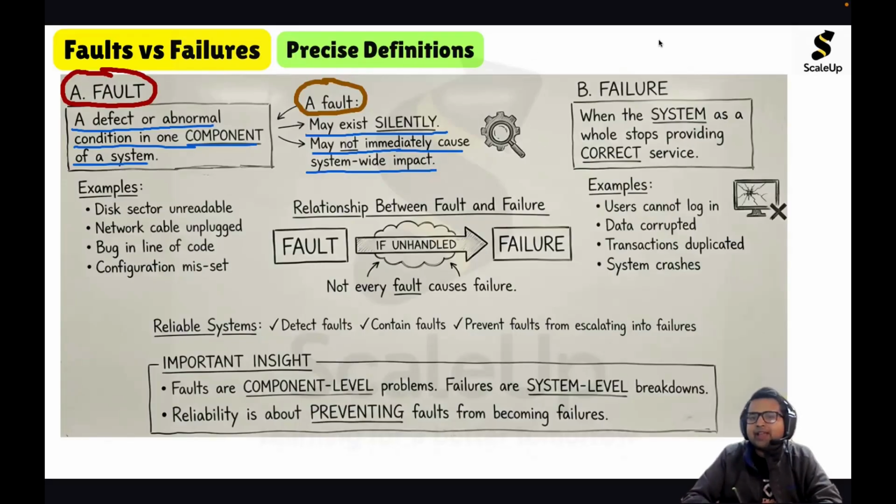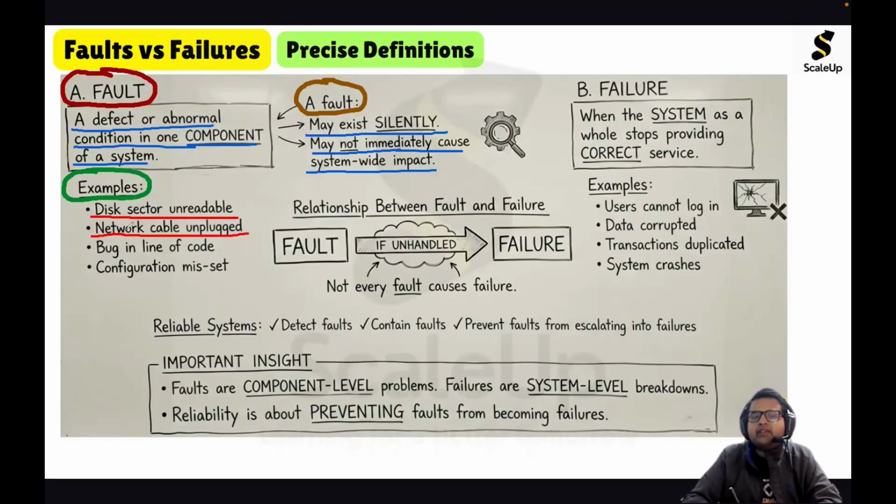Examples of a defect or abnormal condition in one component: a disk sector unreadable. This is a fault because it has to do with just one component, the disk. Network cable unplugged.